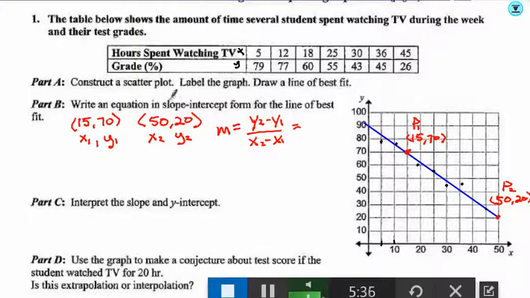So y2 is 20, y1 is 70, and that is over 50 minus 15. Okay, so 20 minus 70 is negative 50, and 50 minus 15 is 35.